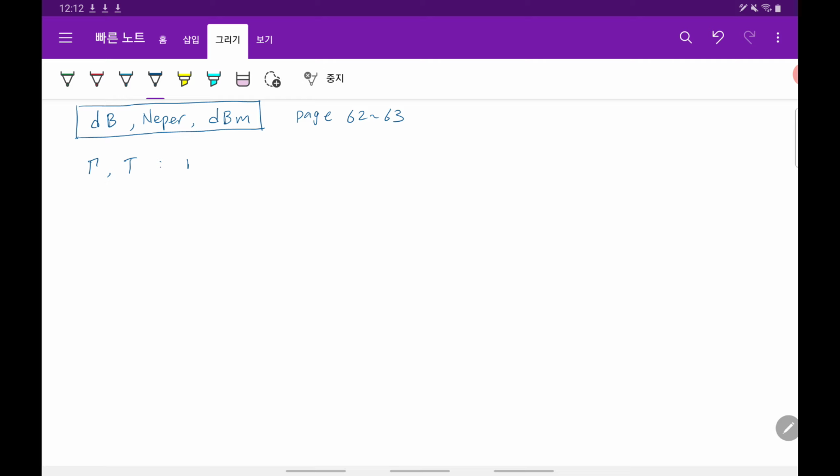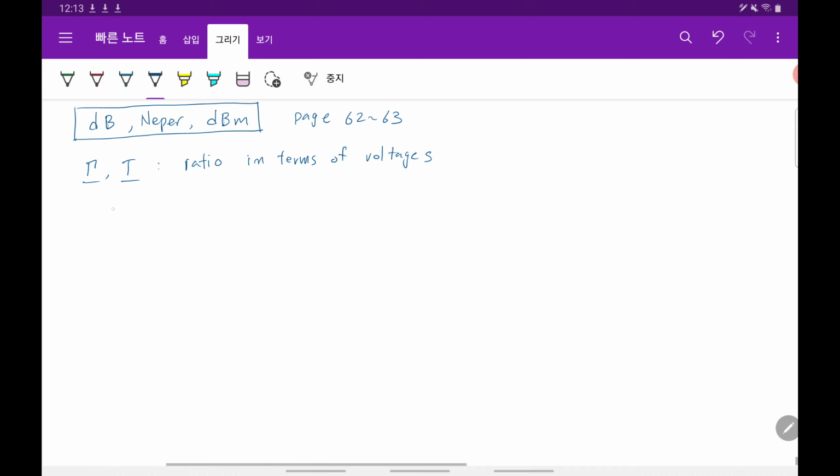One thing we need to know is this is a ratio in terms of voltage, right? To use this gamma and t in dB scale, we need to make power.